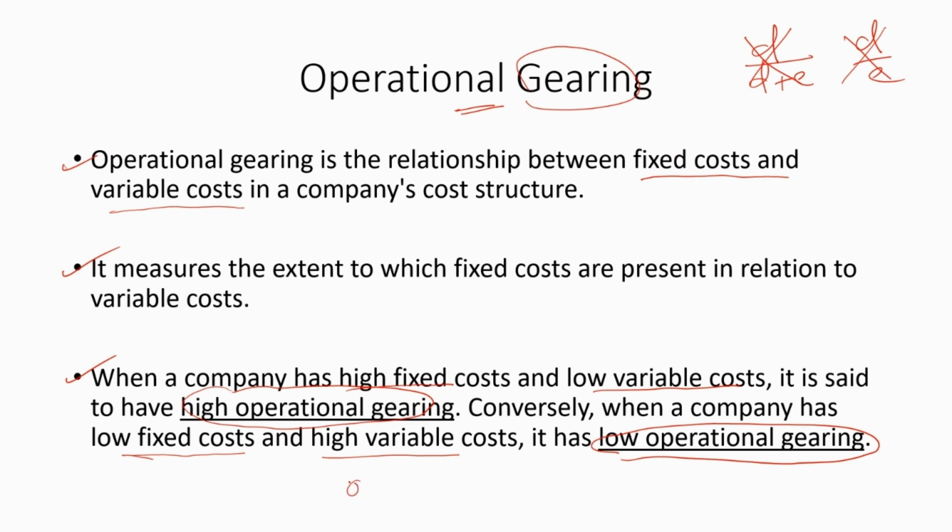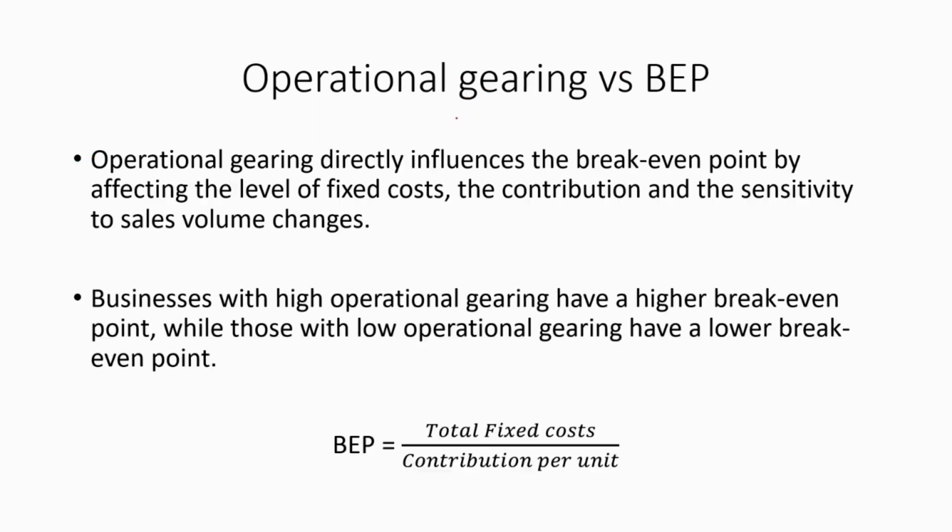Simply, we can calculate the operational gearing by dividing the total fixed costs by total operational costs. Total operational costs is equal to total fixed cost plus total variable cost. This is the simplest way to calculate the operational gearing in a business. So, what is the relationship between operational gearing and break-even point?